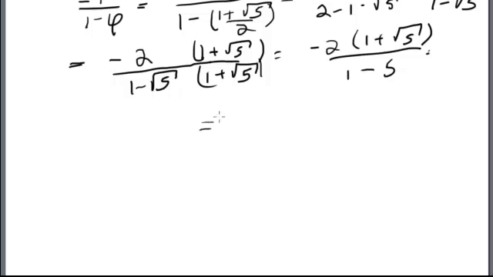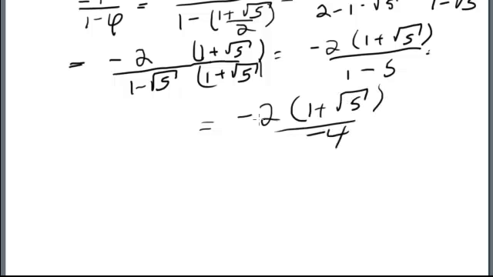That's equal to negative 2 times 1 plus the square root of 5 over negative 4, and that 2 cancels out, so that's just phi.